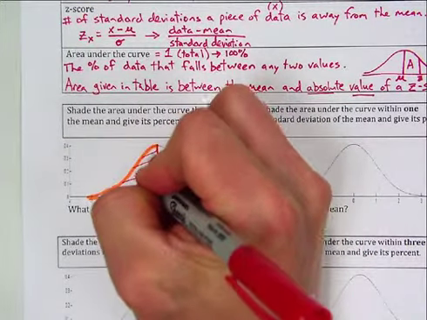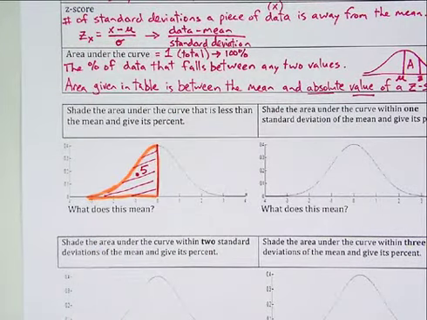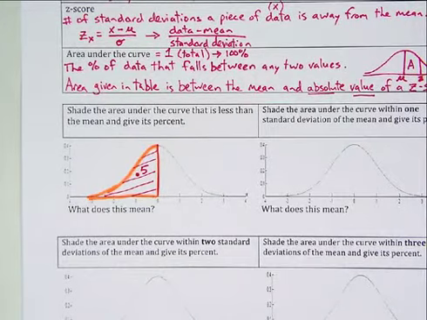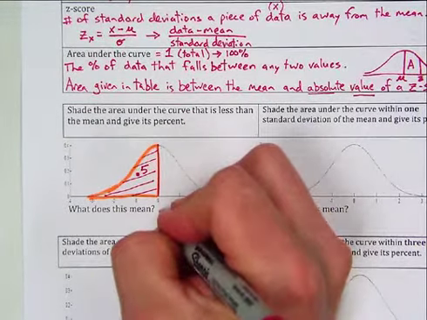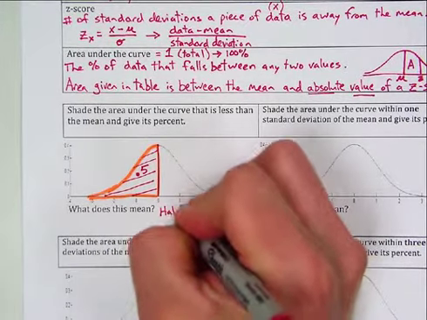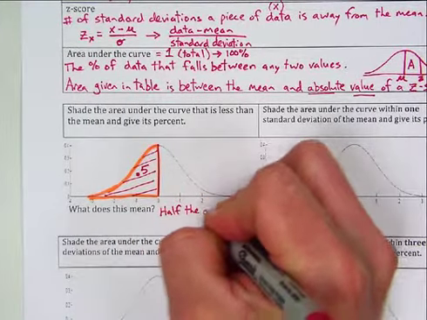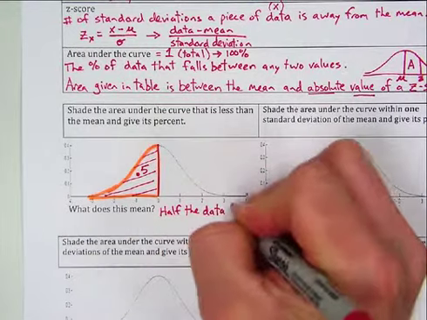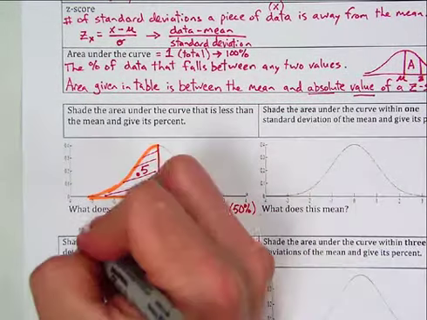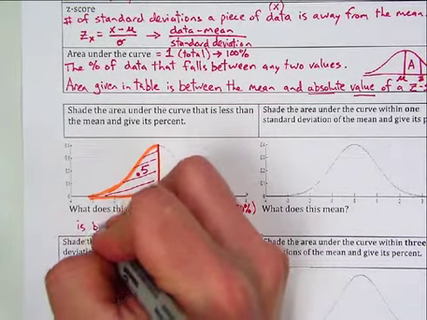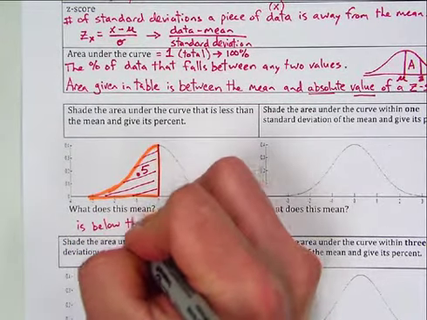So the area is going to be 0.5. So what does this mean? That means half the data, which is 50%, is below the mean.